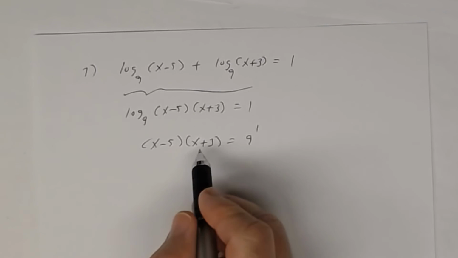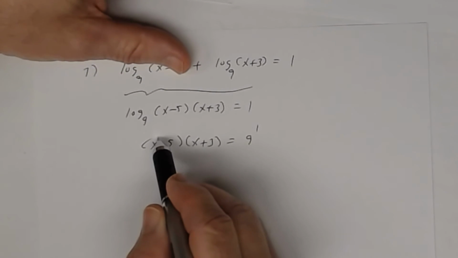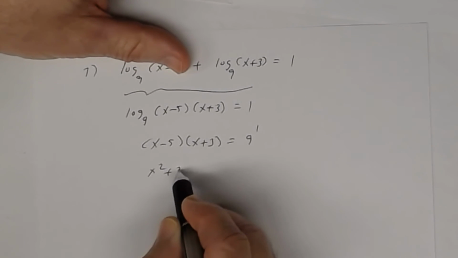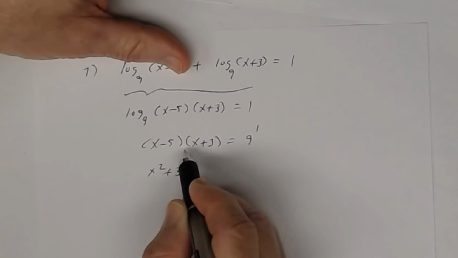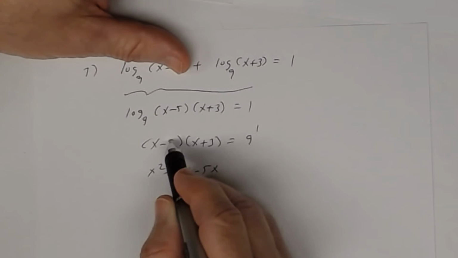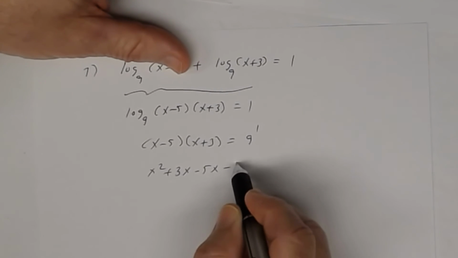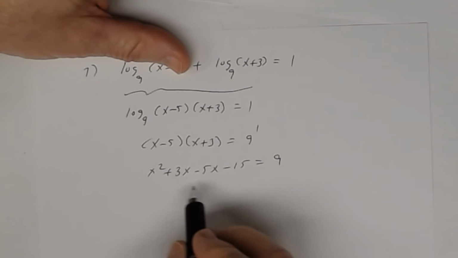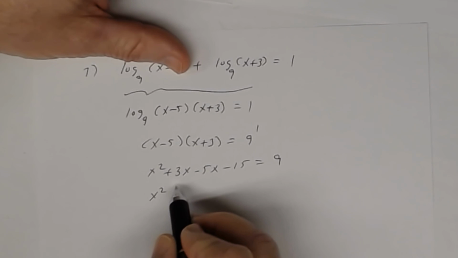Using the FOIL method here, I get x times x is x squared. The outer is 3x. The inner is a negative 5x. And the last, a negative 5 times a positive 3, is a negative 15, equals 9 to the first, which is 9.